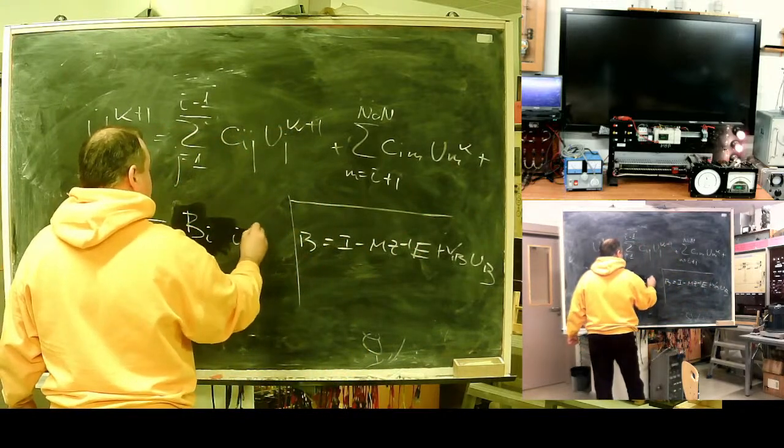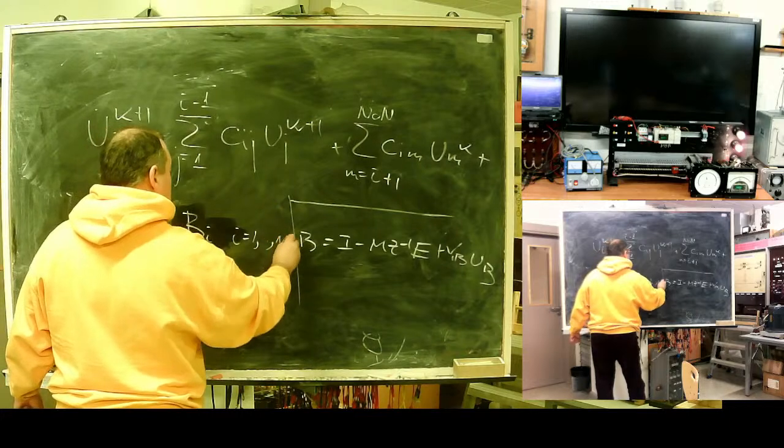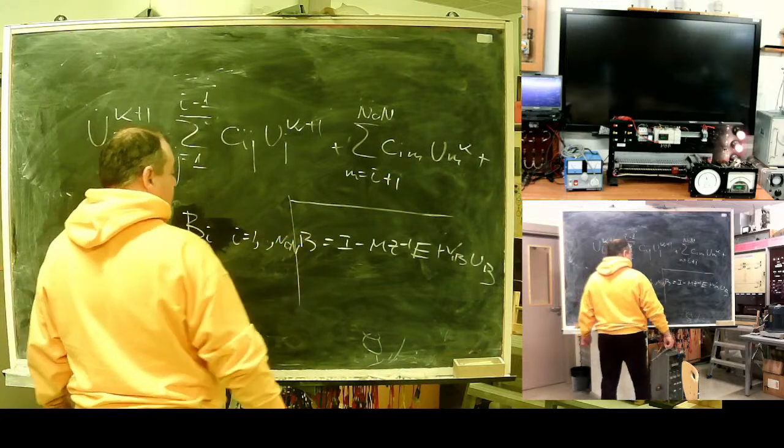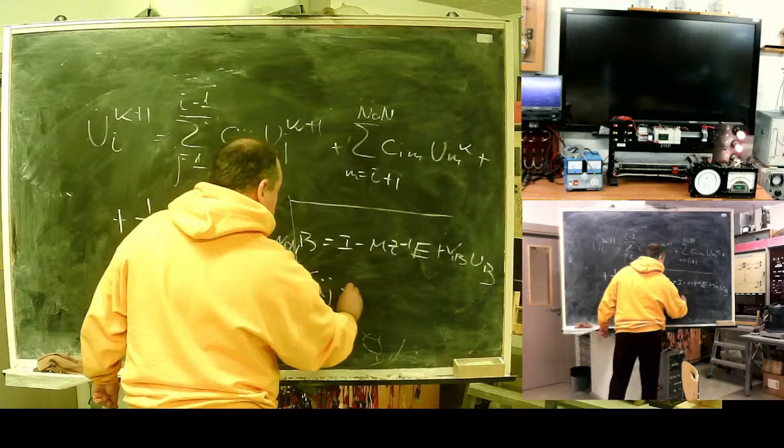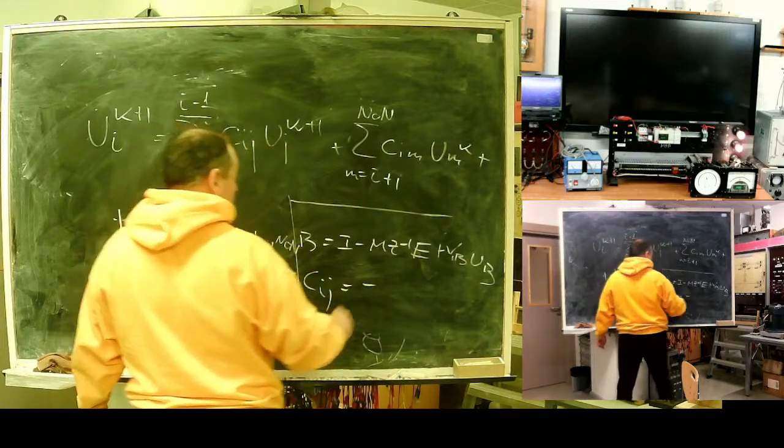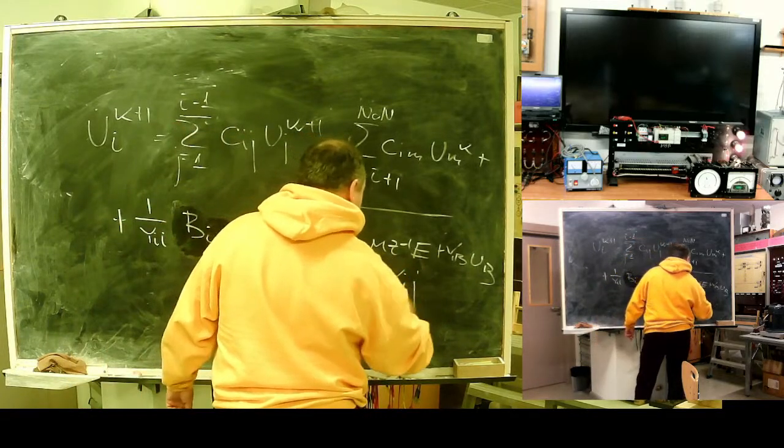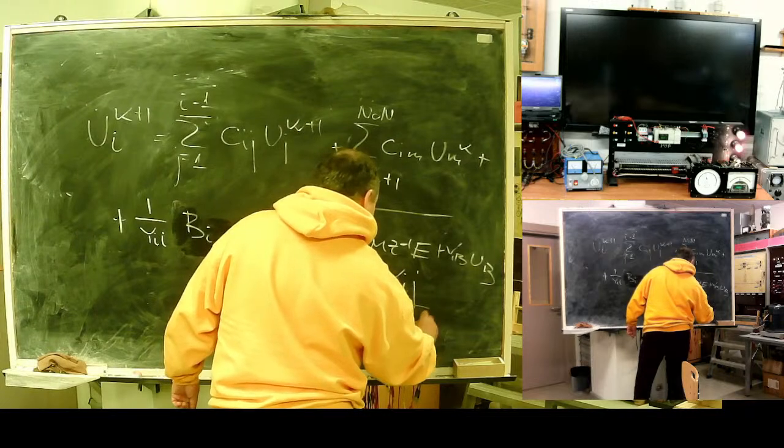For each I from 1 to the number of nodes, C_I minus y_I divided by y_I.